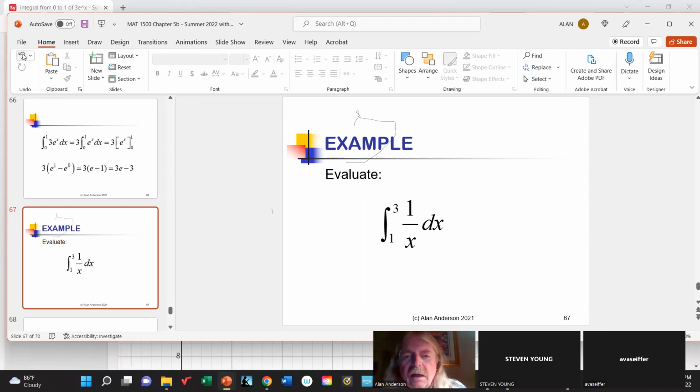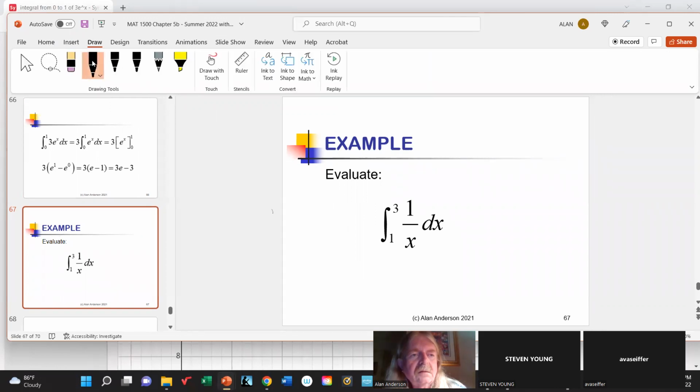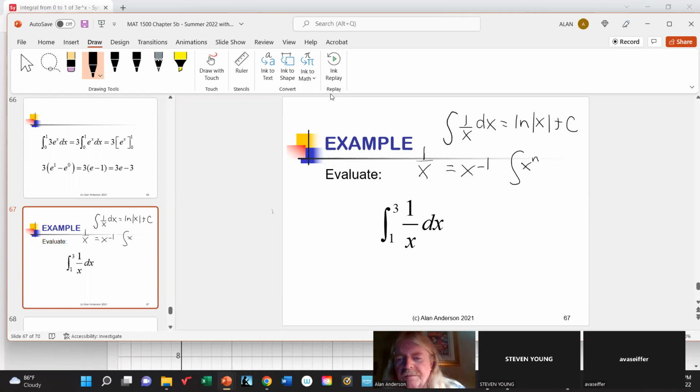Yeah, okay, that was that case. This is actually, remember, because 1 over x is simply x to the minus 1. This is the special case that the power rule doesn't apply to.